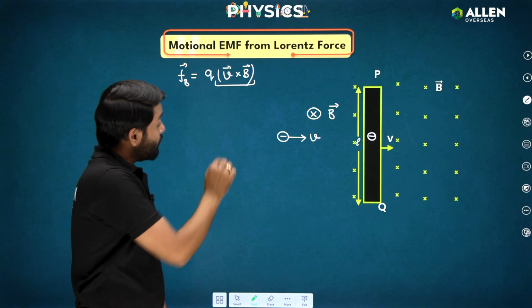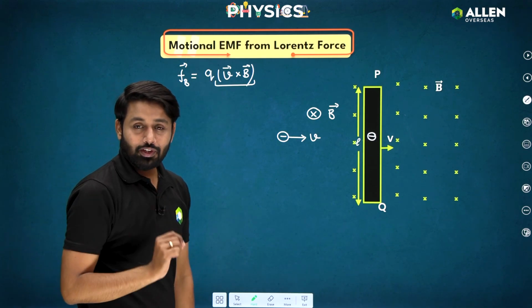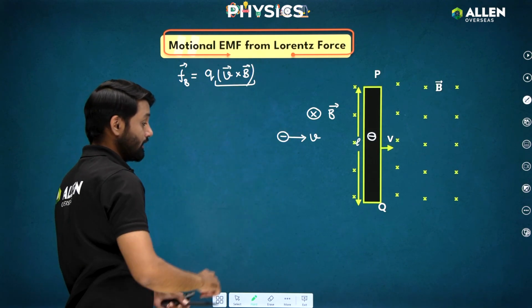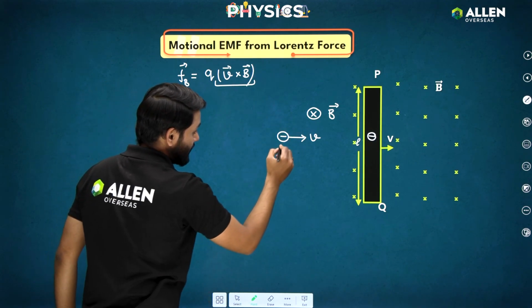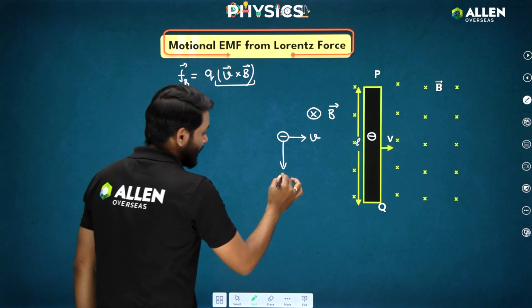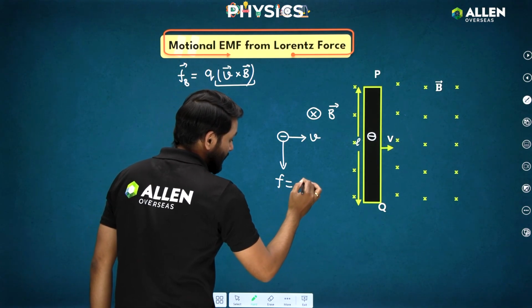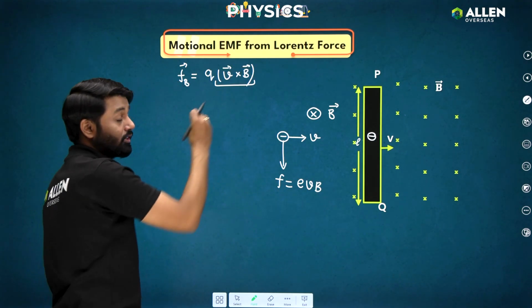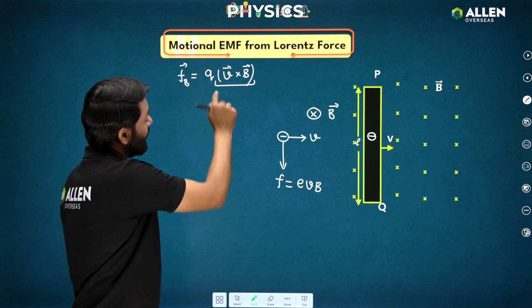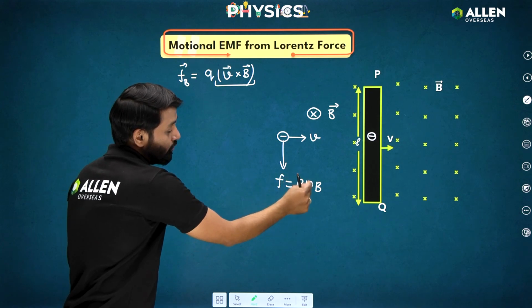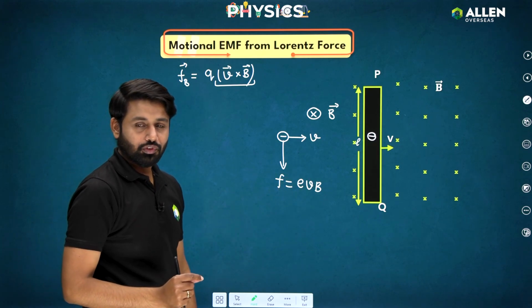No, we have to use the negative sign also because this is a vector. So your force is not in this direction, your force is in this direction. If you write the magnitude of force, it is e V B, because V cross B is VB sine theta, and the angle between V and B is 90 degrees, sine 90 is 1. So e V B is the magnitude of this force.